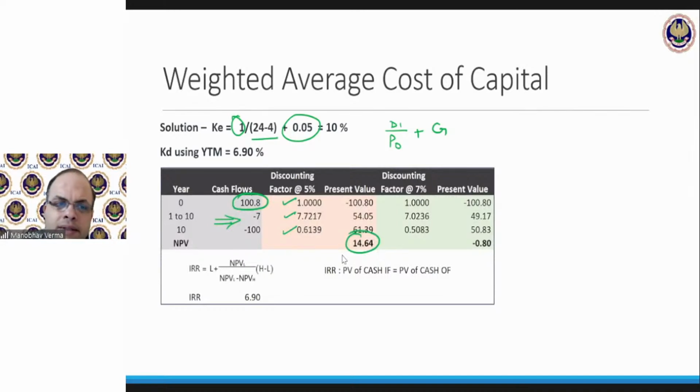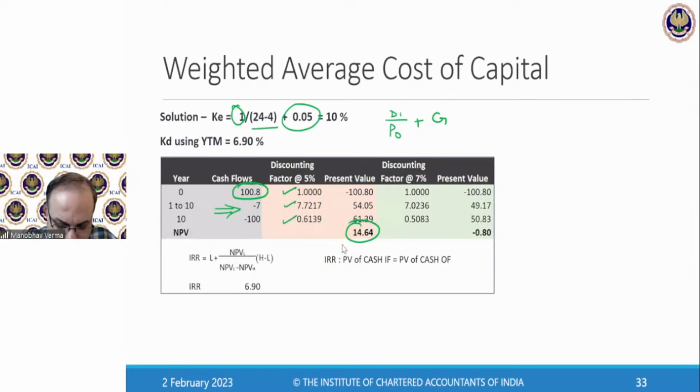I hope you remember that we are using a present value annuity factor because interest remains same every year. We are adding up the discounting factors of 1 upon 1.05, 1 upon 1.05 square, 1 upon 1.05 cube, and so on. We are adding up all the present value factors. We should be getting 7.7217.